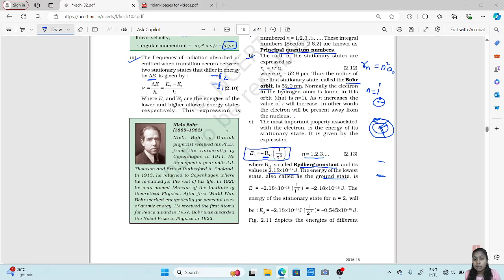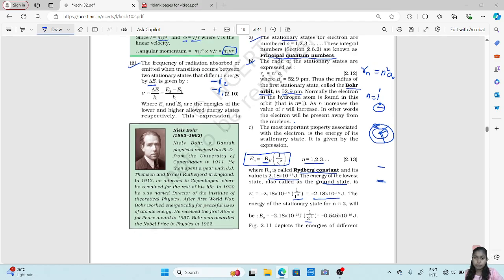Now it is the ground state at the first energy level, so it will be 1 squared. So the energy of the lowest state, or the ground state, is -2.18 x 10^-18 joules. The energy of the stationary state for n = 2, similarly you have to calculate, where in place of 1 squared we will use 2 squared. Okay, so these are the energy levels.